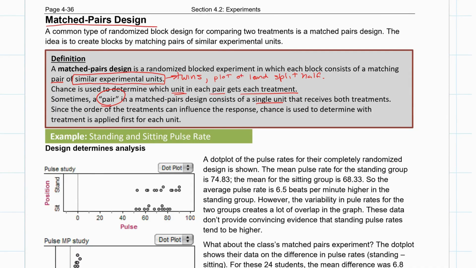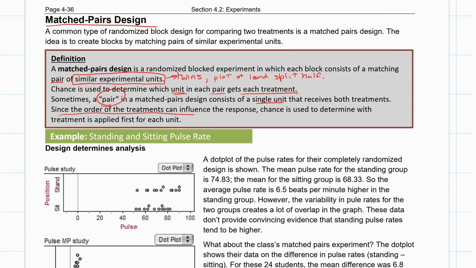Now, sometimes the pair can consist of a single unit that receives both treatments, meaning that a single person gets acne medicine for a little while, and then they get the placebo acne medicine for a while. And the only thing that then varies by chance is in which order the treatment is given.